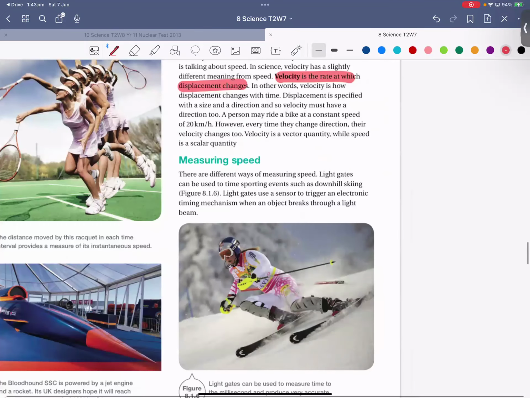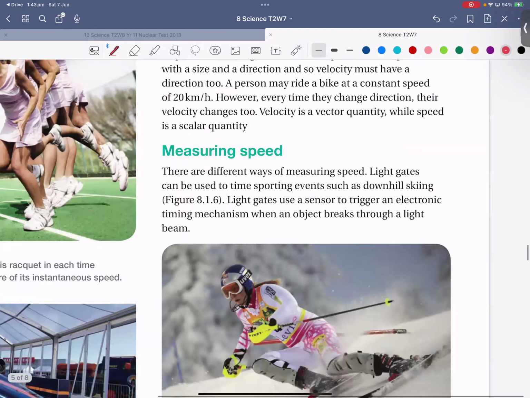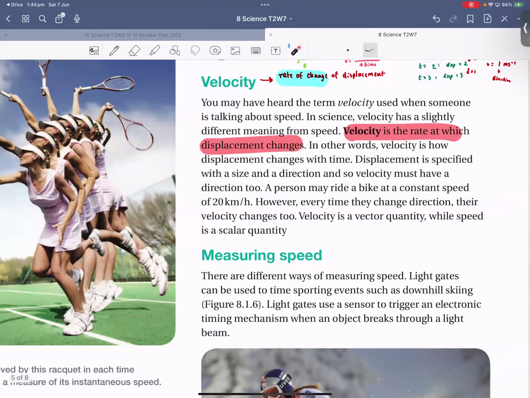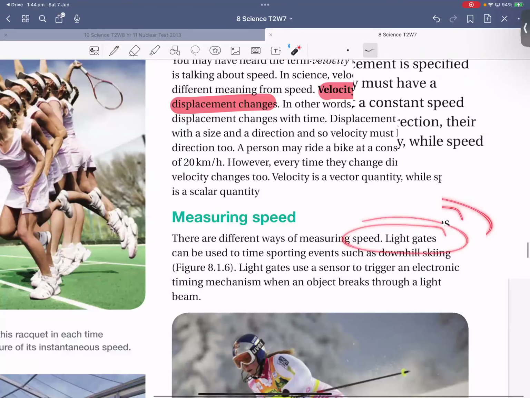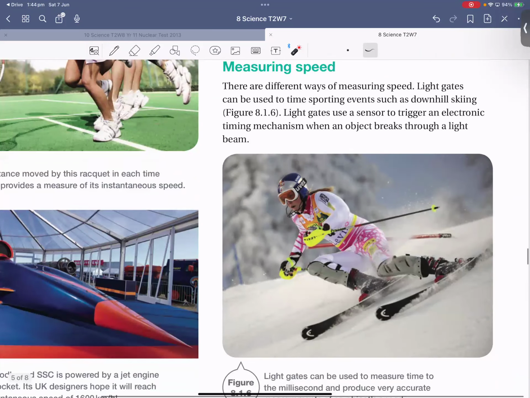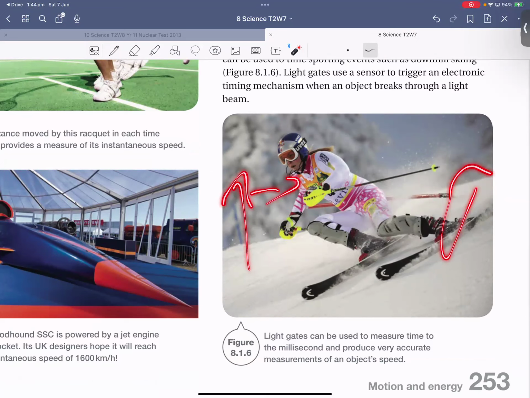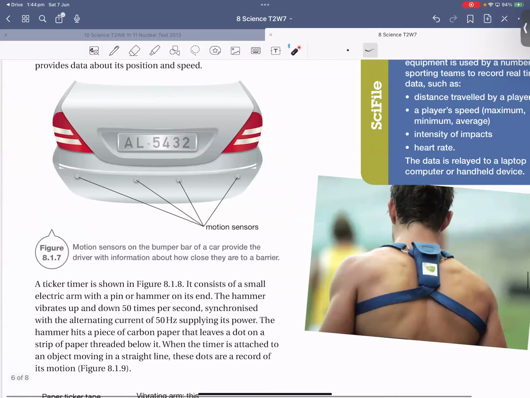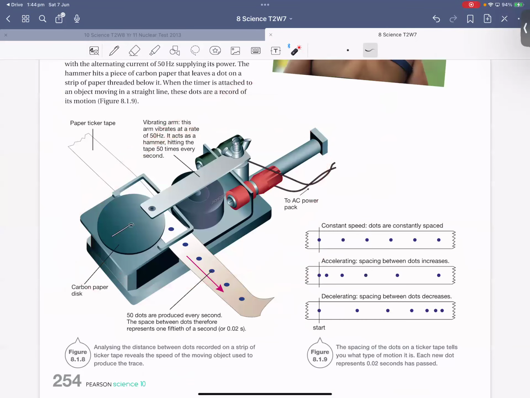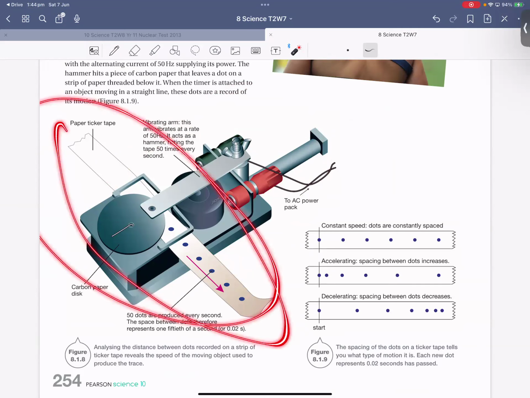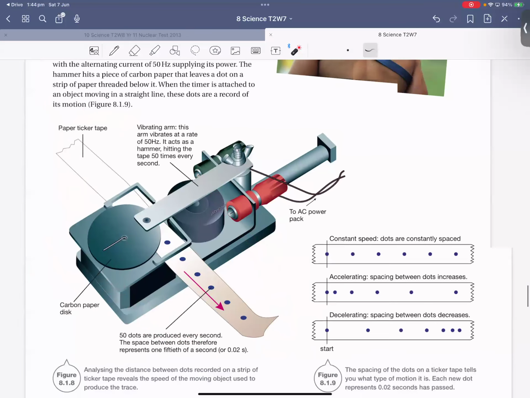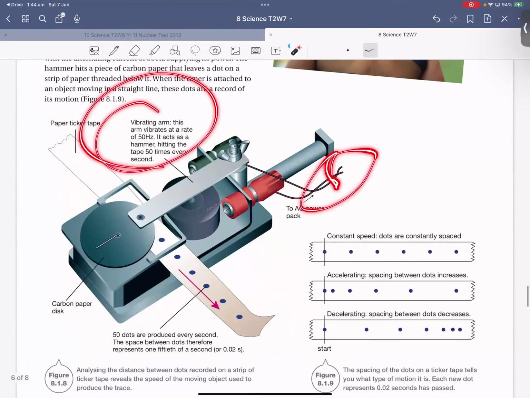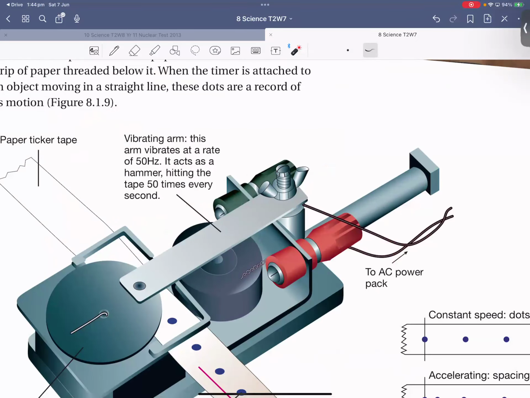Guys, there are ways in which you can measure speed. You can do it through something called light gates. When skiers ski between gates off the ground, they have lasers in them, which you can use to measure instantaneous speed. That's how you get the cool stats on your screen. However, there's also this experiment, which everyone will do once in one of the years. You have a long strip of paper connected to some power, and a vibrating arm which punches holes or draws a mark.